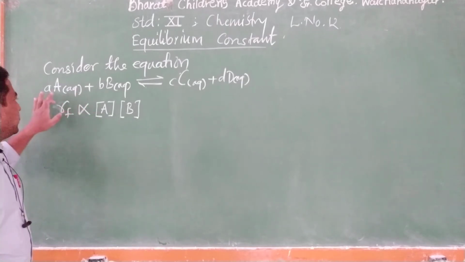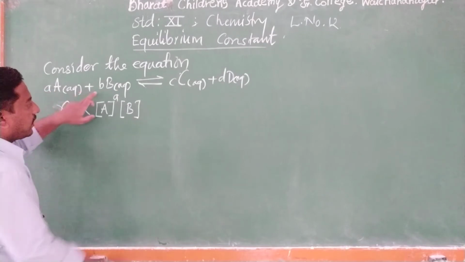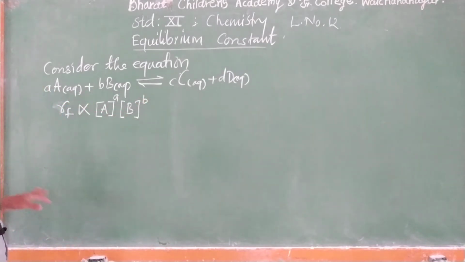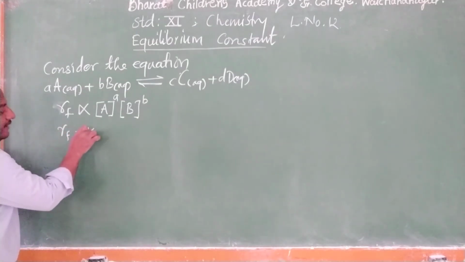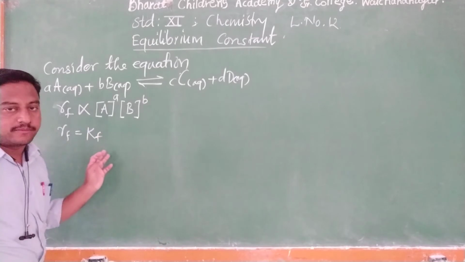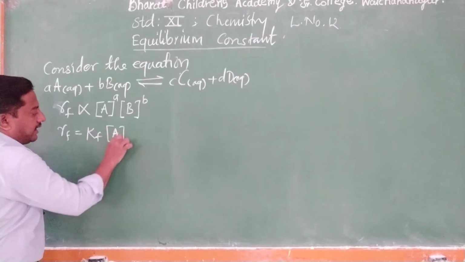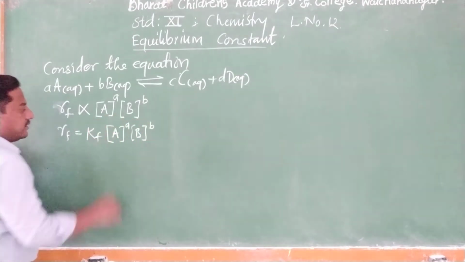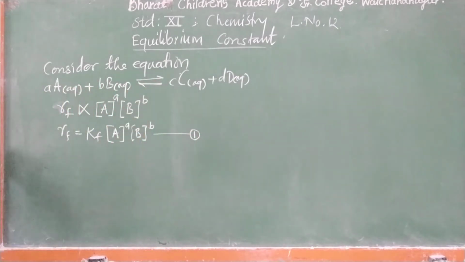The difference is that A must be raised to its coefficient a, and B must be raised to its coefficient b. Now, if I remove the proportionality sign, I need to take the constant, and that constant may be Kf. Once again, the concentration of A is raised to a and the concentration of B is raised to b. This will be your equation 1 for this balanced equation.